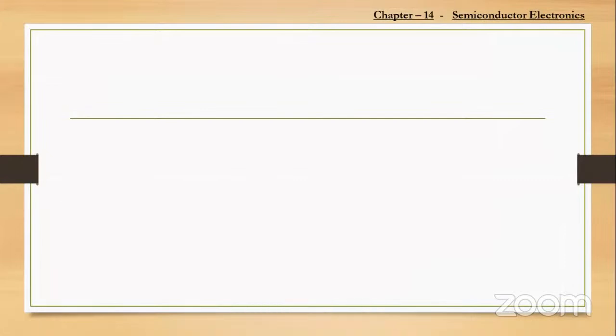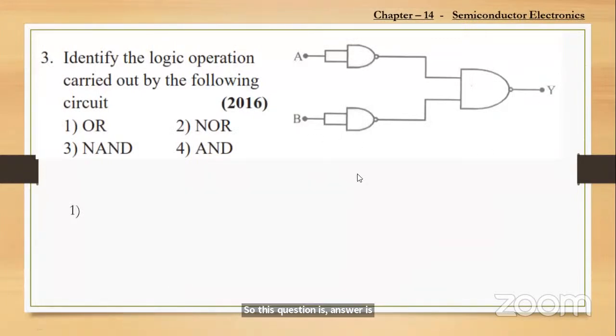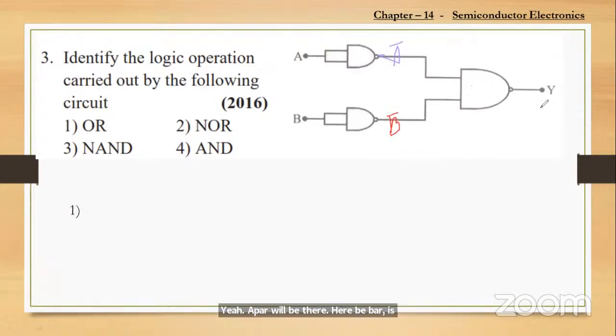Now coming to the next question. You can look into this question. The answer here, NOT is there. That means what is the output that you are going to get? Here will be A bar. Here A bar will be there. Here B bar is there. Then what could be the output outside?